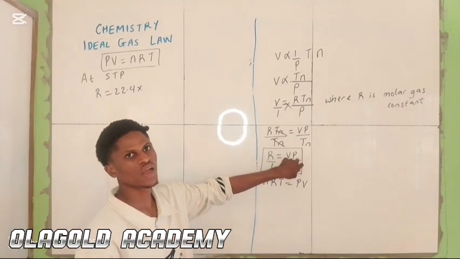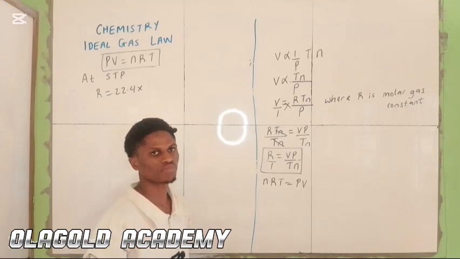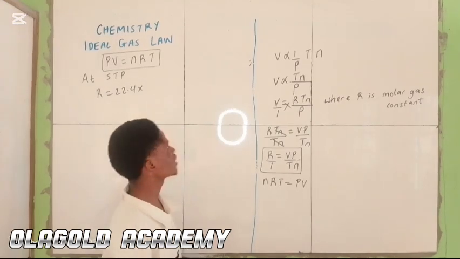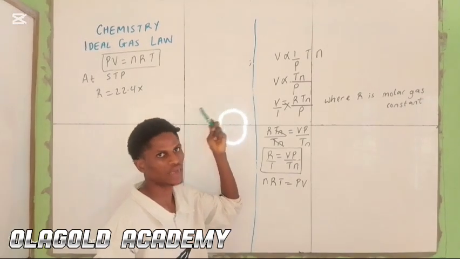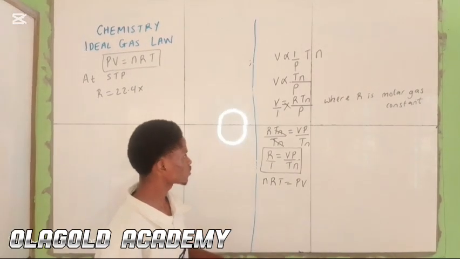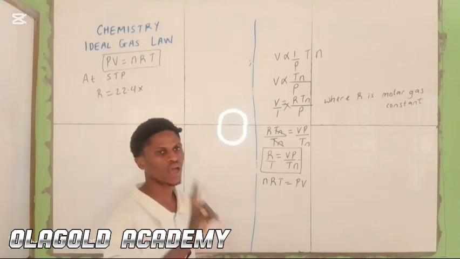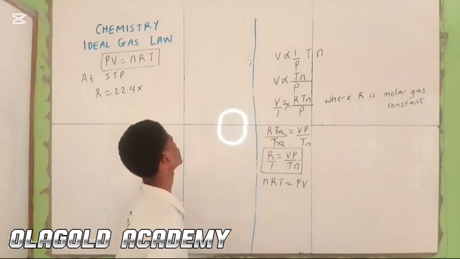Pressure can be 1 atmosphere or 760 mmHg. We have them measured also in other units, like torr, bar, Pascal, but the two commonly used units are mmHg and atmosphere.